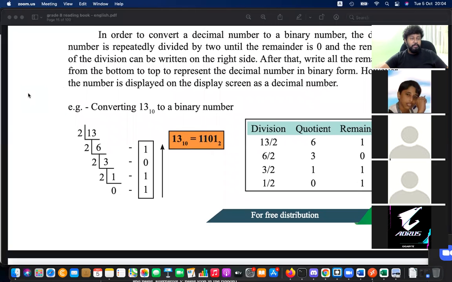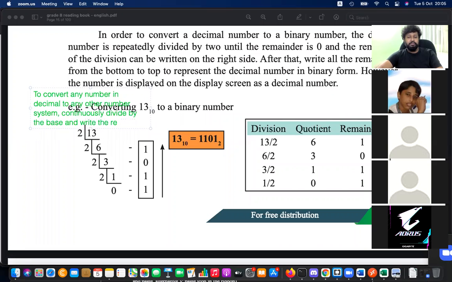Please put an asterisk and write there in pencil in your book itself: to convert any number in decimal to any other number system, continuously divide by the base and write the remainder.